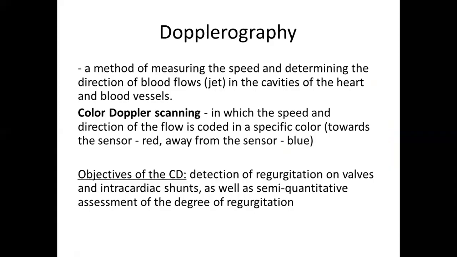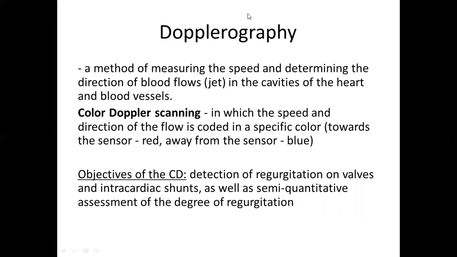So Dopplerography is the other modality for understanding the speed and direction of the blood flow or the jet in the chambers of the heart and in the blood vessels. And Dopplerography can also be used easily in evaluating peripheral vessel problems.